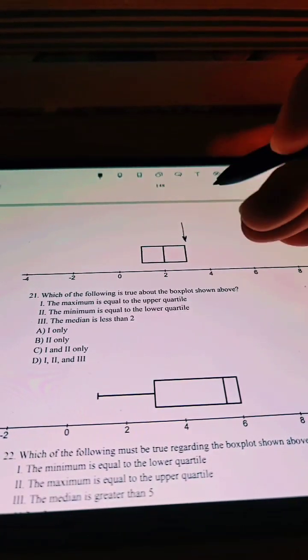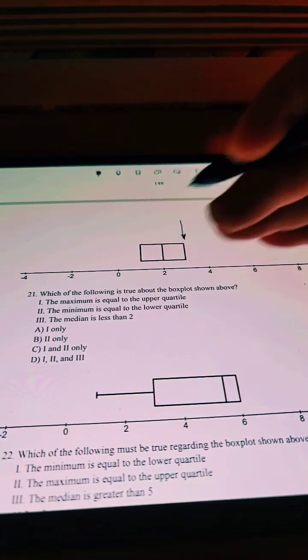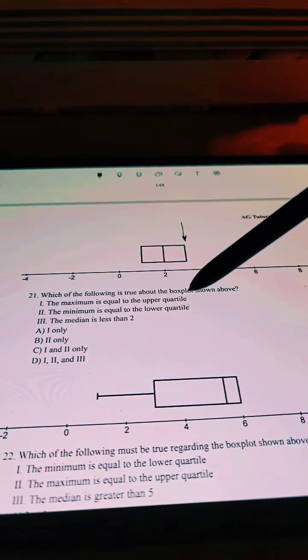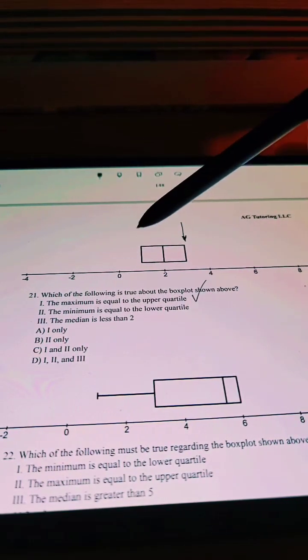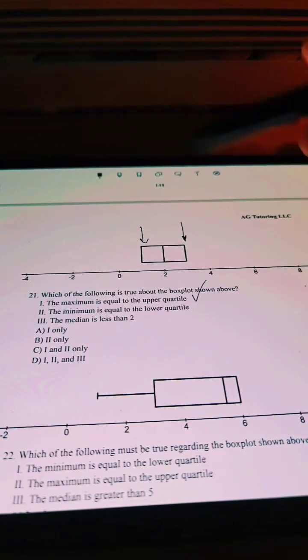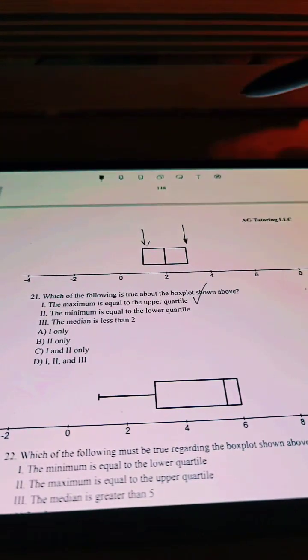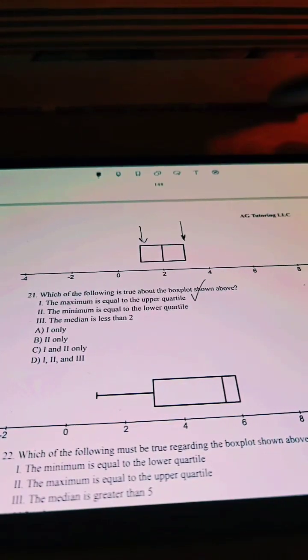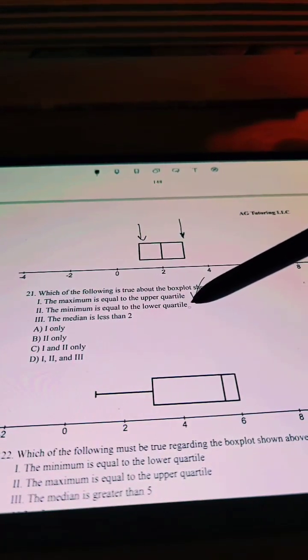You don't need that right-hand side whisker. So that tracks. And then the same logic can be applied to the other side. The minimum is equal to the lower quartile, so you don't need to extend it out. It's just equal, so there's nothing that needs to go on the left-hand side. So that tracks as well.